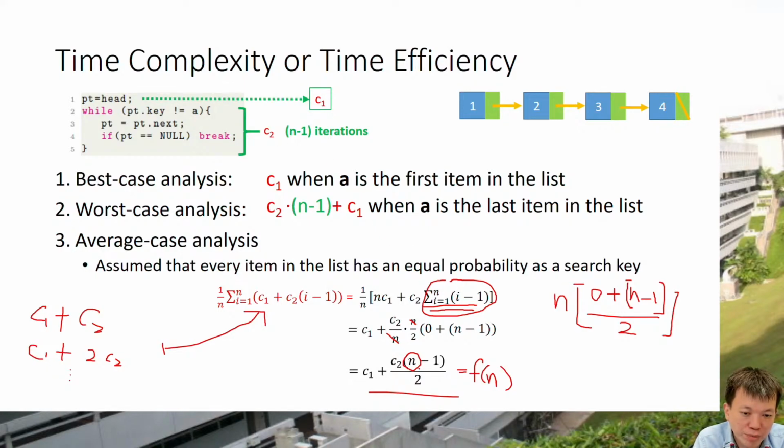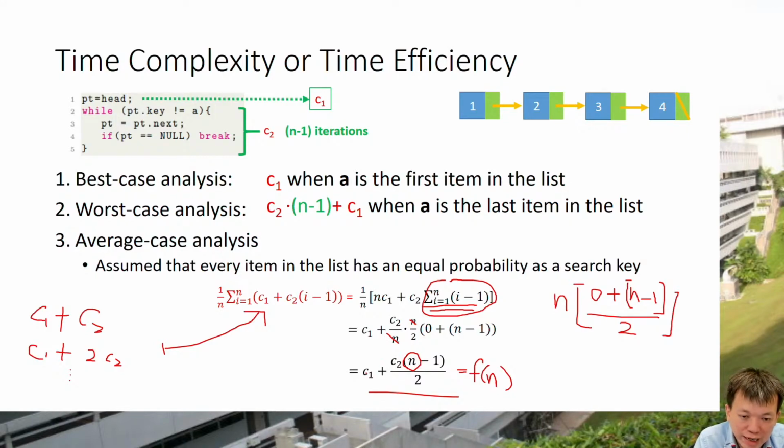Because the difference between C1 and C2 is nothing compared to n. My n increased from 10 to 1 million. Your C1 and C2 may be different, it's just a few microseconds, milliseconds, nanoseconds today. Multiplied by 1 million, this C1 and C2 difference is negligible.